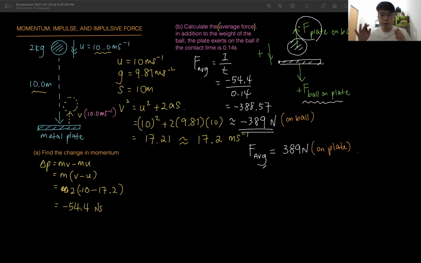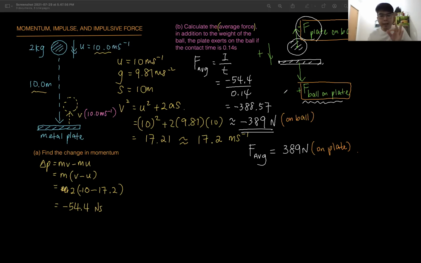If the question asks you to justify your answer, why? Because of action and reaction. Which one is the action? This is the action. Which one is the reaction? This is the reaction. So these two are equal but opposite, equal in magnitude but opposite in direction.